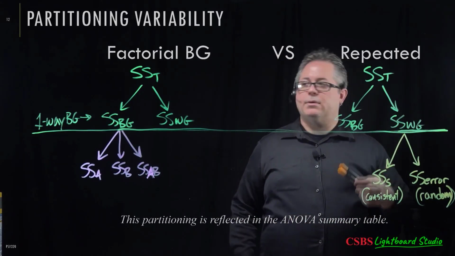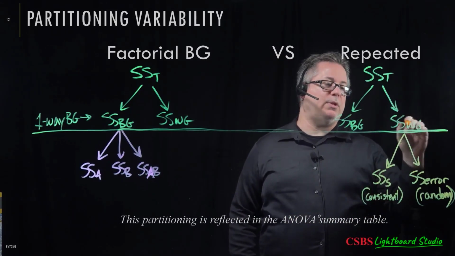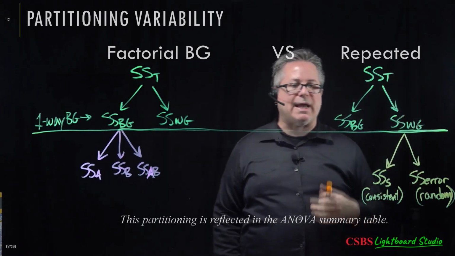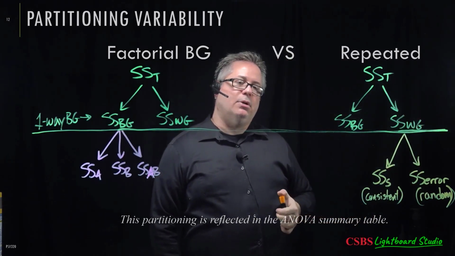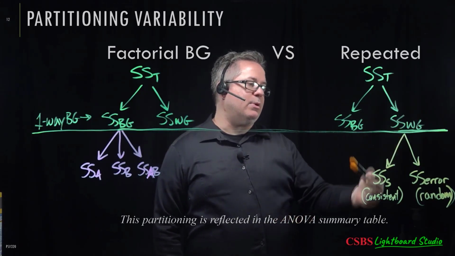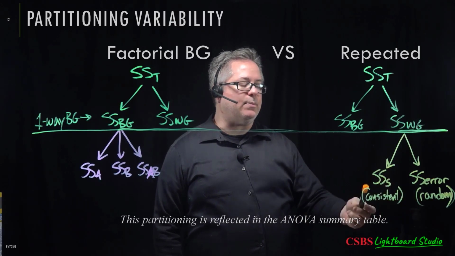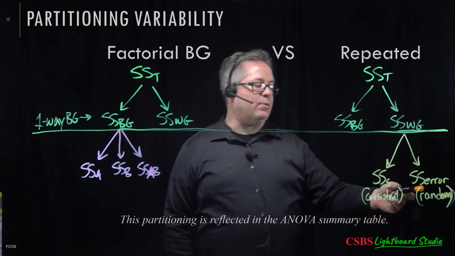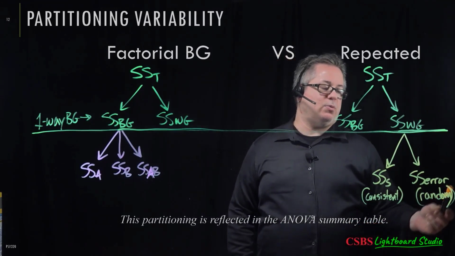Up here, at the level of one-way between groups, within groups and error are synonymous. They're really the same thing. We're treating our within groups as our error, as random variation. But in repeated measures, we're actually splitting up the parts that are consistent differences between people and the parts that are inconsistent or random.